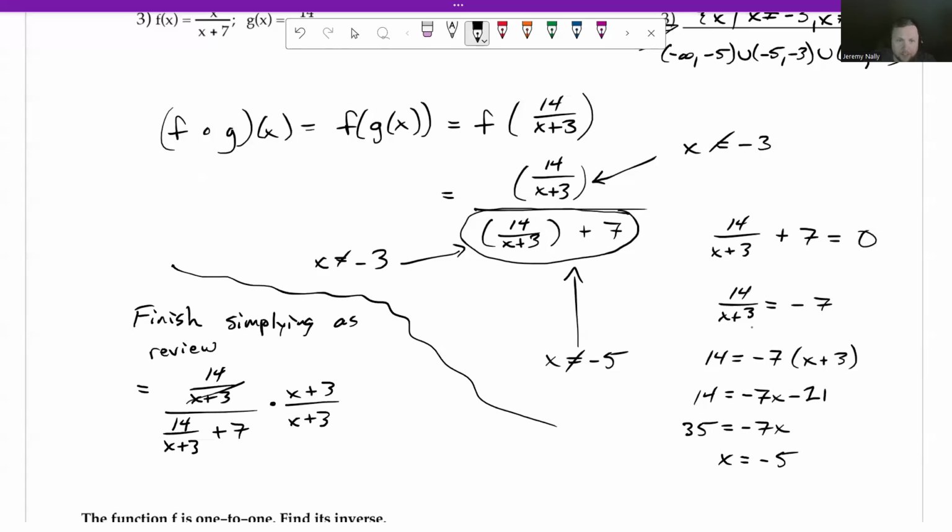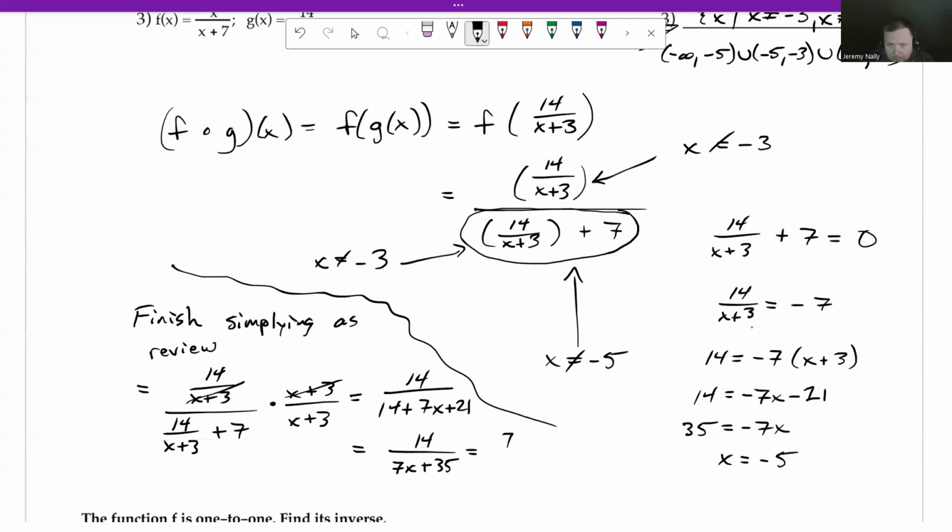So this and this can go ahead and just cancel out. On the bottom, it's going to distribute. So up top, that's just 14 now. On the bottom, I have 14 plus 7x plus 21. And then I have 14 over 7x plus 35.